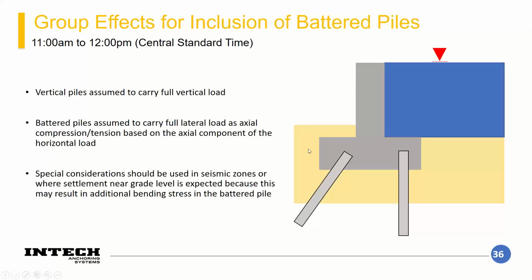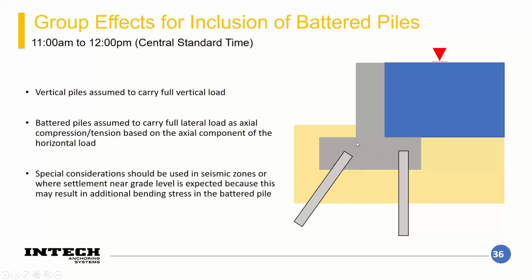So another type of pile group you may see is battered piles. These are tremendously useful if you've got a high lateral load, such as flood walls or even retaining walls, gravity retaining walls. When you've got these high lateral loads, a battered pile is very useful because a load flows like water, where it's going to find the most efficient path.